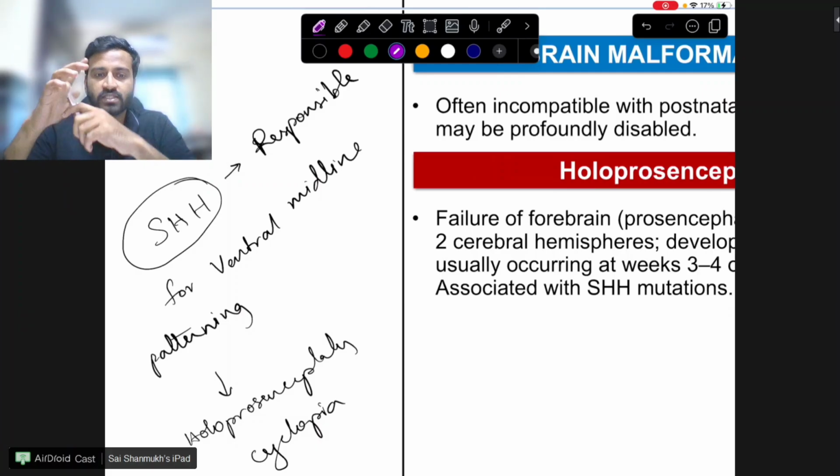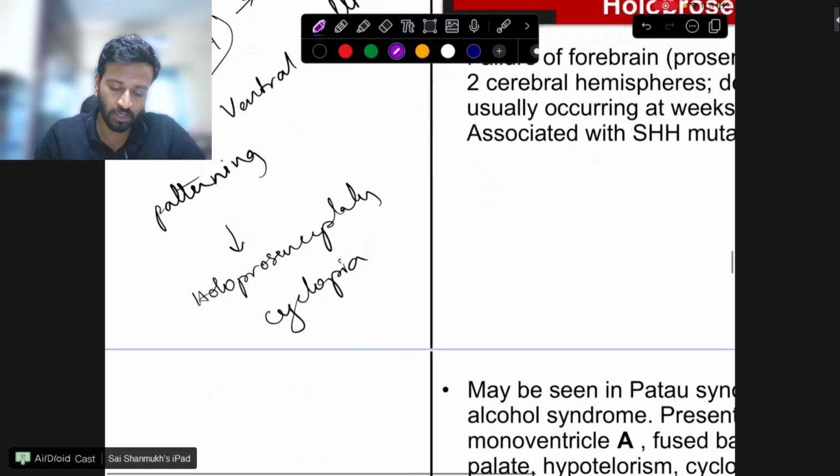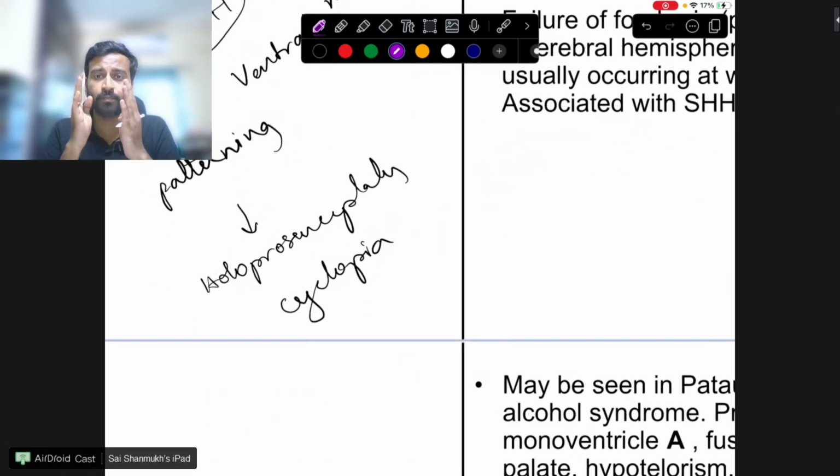That is why you can see in holoprosencephaly, cyclopia. You call it hypertelorism when there is more distance between both the eyes, that is lost here. So in cyclopia, one eye is seen, and there may be associated nasal defects. Sometimes the nose is absent.